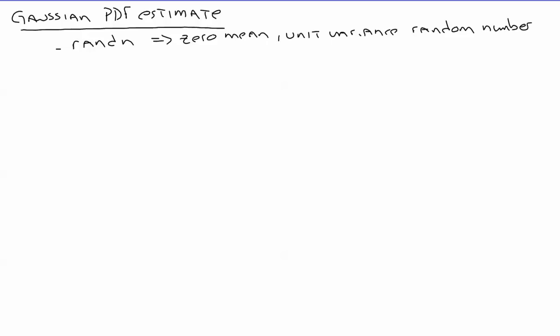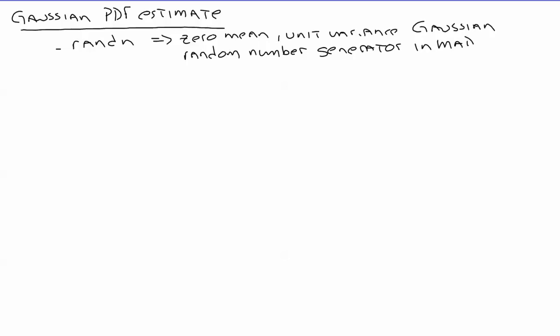I should say a Gaussian random number generator. I'm having a hard time writing today. randn is a 0 mean unit variance Gaussian random number generator in MATLAB.